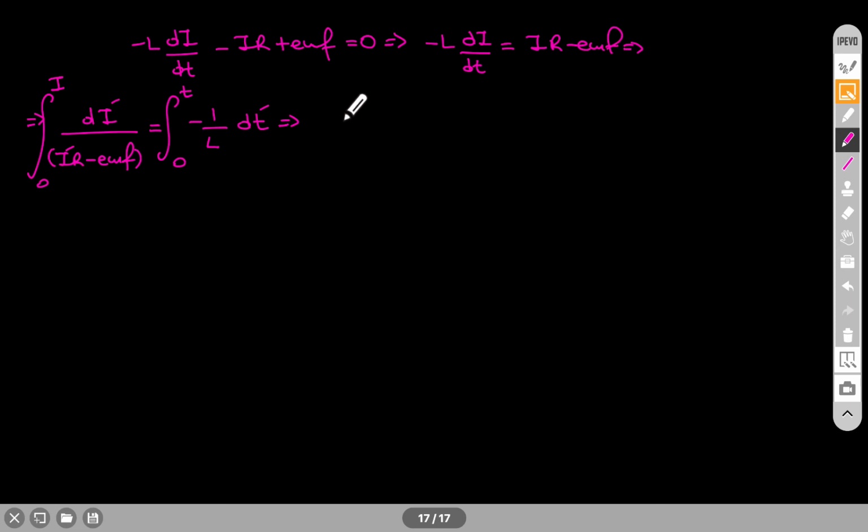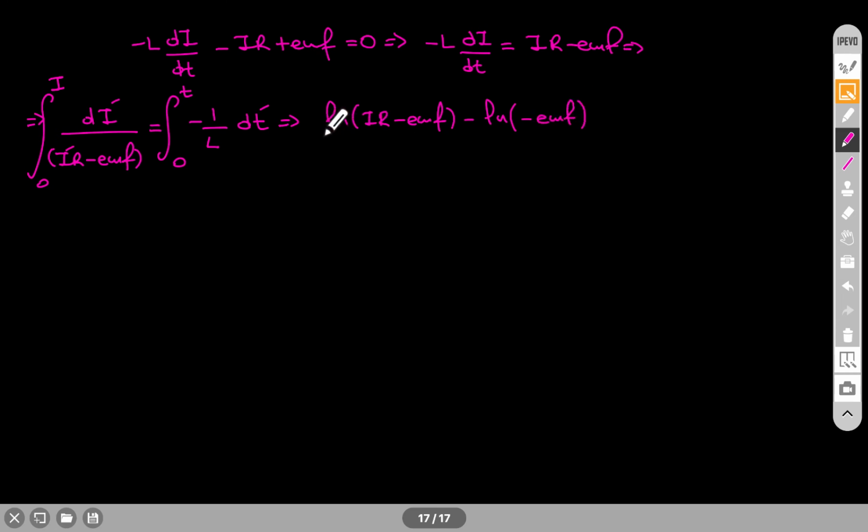Now this will give me the natural log of I prime R minus EMF, minus the natural log when I prime is 0. This will just give me the minus EMF.